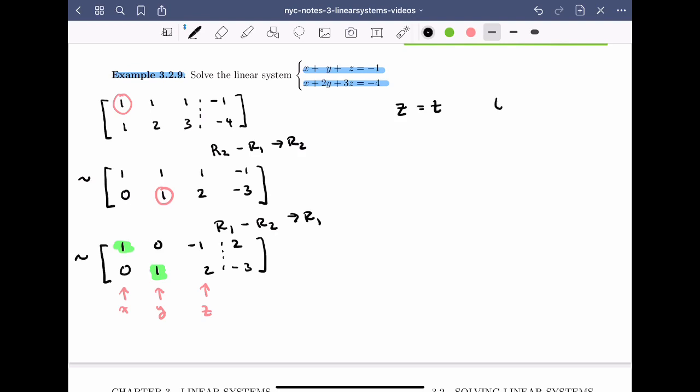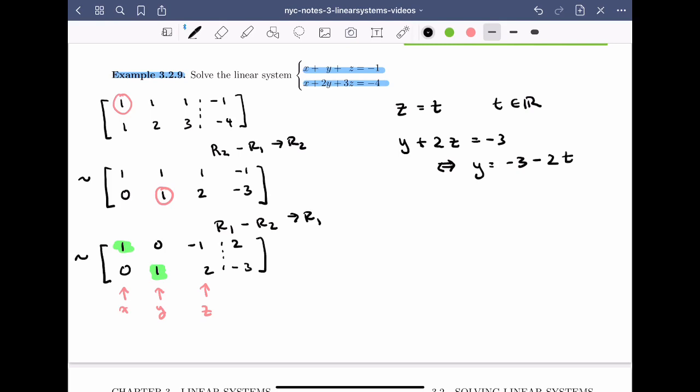Once I've assigned the parameter t, I can start looking at what the rows of the matrix tell me about the linear system. From row 2, I have that y plus twice z is equal to minus 3. That's the same thing as y is equal to minus 3 minus 2z, but z is t, so we'll write it in this way.